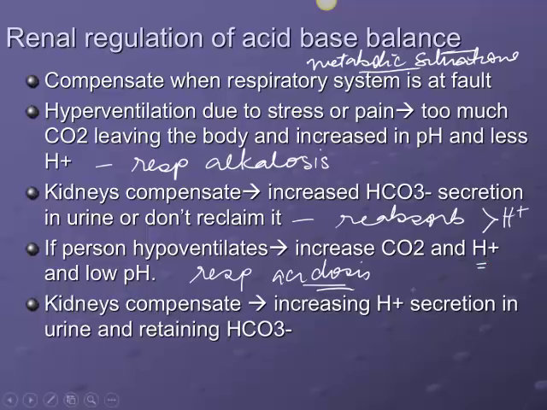So what the kidneys will do is they'll secrete the hydrogen ions into the lumen, where they will either react with bicarbonate as the buffer or hydrogen phosphate. So it will pass out in the urine, and they'll retain bicarbonate. So hydrogen ions will go into the lumen and pass out in the urine, and they will reabsorb more bicarbonate, and again adjusting the pH. Okay?